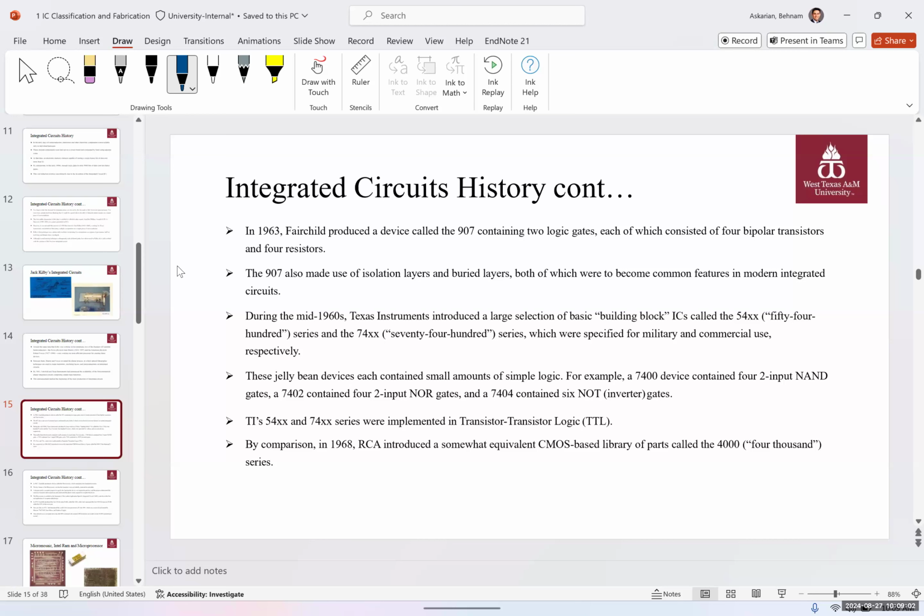During the mid-1960s, Texas Instruments introduced a large selection of basic building block ICs called the 54XX, and we still use them in the lab in the 74 series. If you go to the digital lab, the students who have digital design with me will see that to date, we still use the 54 and 74 logic gates, which are the AND, NAND, NOR, OR gates, the different logic gates that we have.